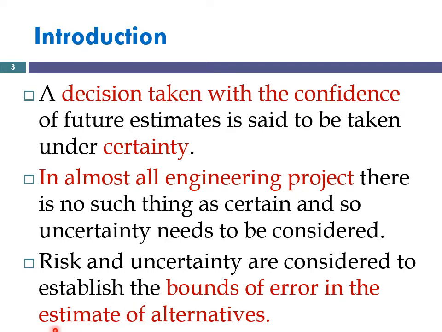And these estimates gives us some errors. And as a result of these estimation errors, we may end up with wrong decisions. And these wrong decisions are actually because of these risks and uncertainties associated with the future occurrences, future outcomes.